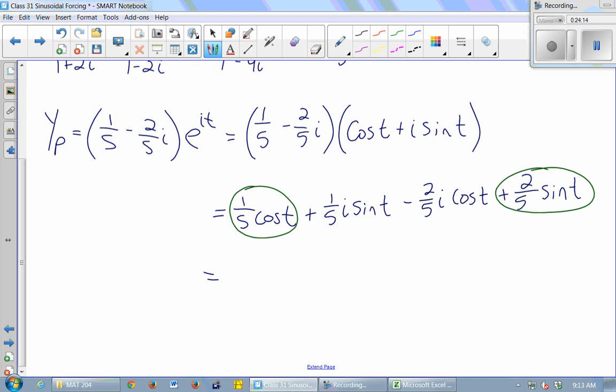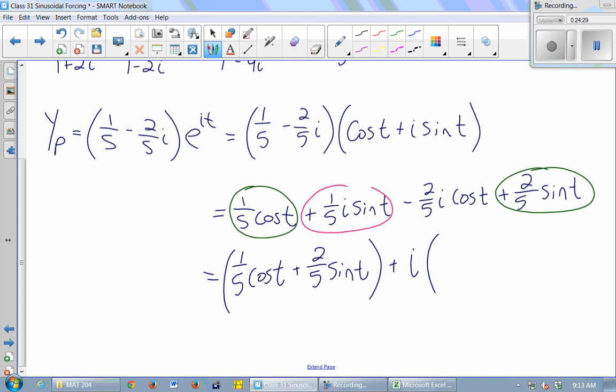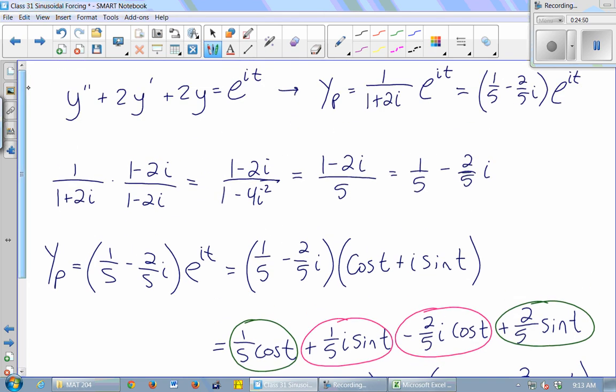So I'm going to have my real part, 1/5 cosine t plus 2/5 sine t, plus i times, and I'm going to gather my imaginary parts, 1/5 sine t minus 2/5 cosine t.